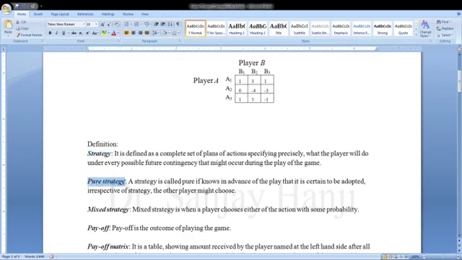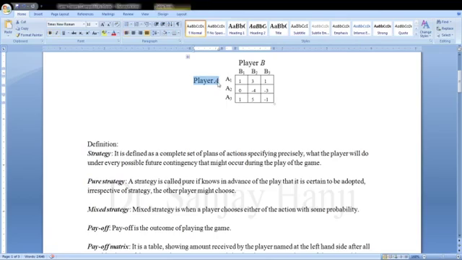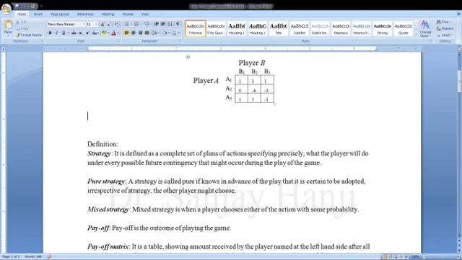Now, what is a pure strategy? A pure strategy is when player A plays the A1 strategy no matter what player B does. Even if player B uses the B1 strategy, he will play A1. Even if he plays B2, he will play A1.